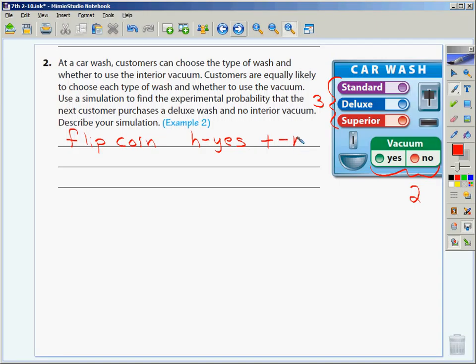Tails, no. What could I do to simulate something that has 3 outcomes? I could create a spinner that has what? 3 equal parts.